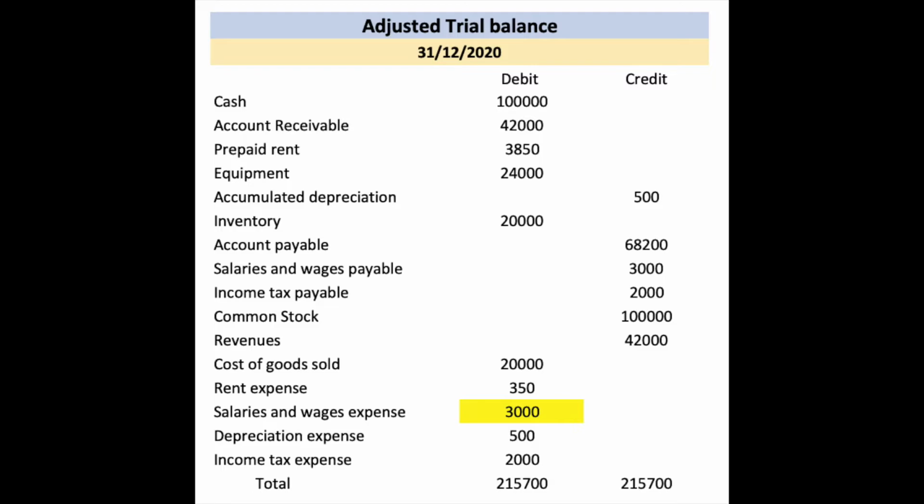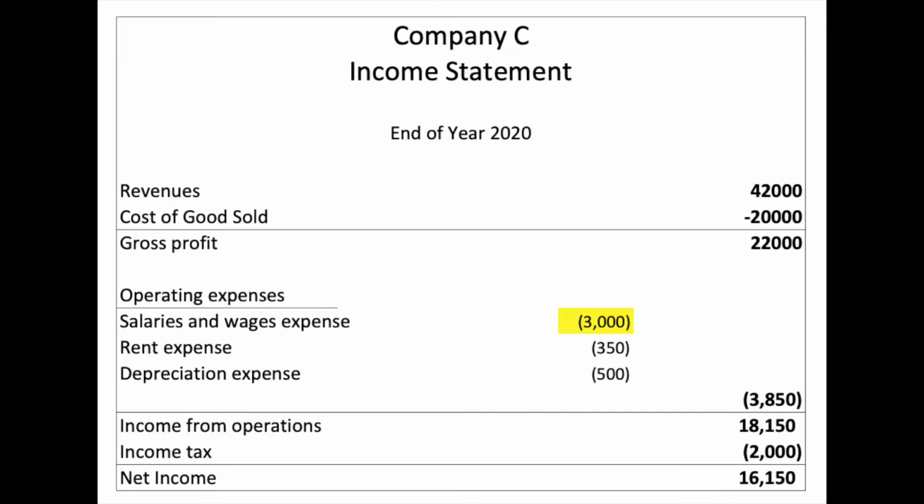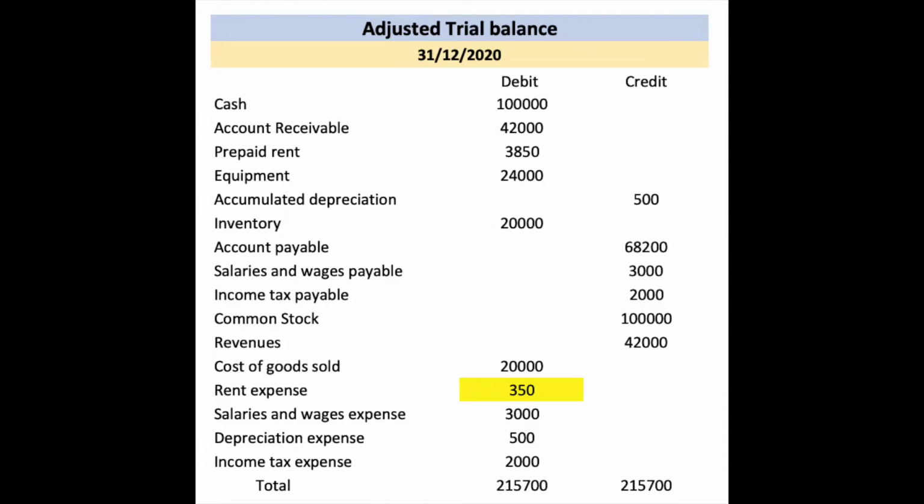Fourthly, salaries and wages expense is presented in the operating expense section. Fifthly, rent expense is included in the operating expense section.